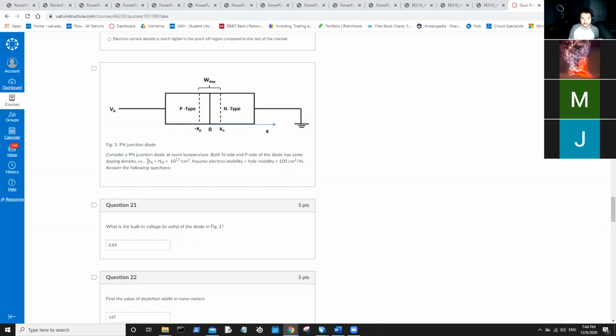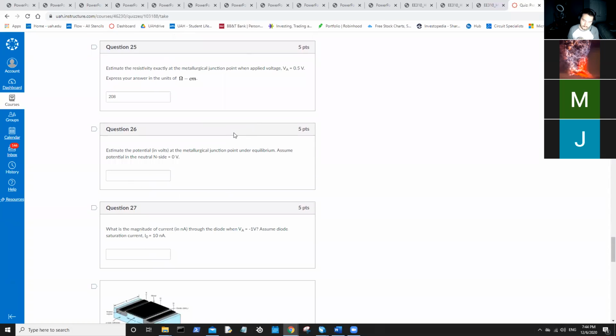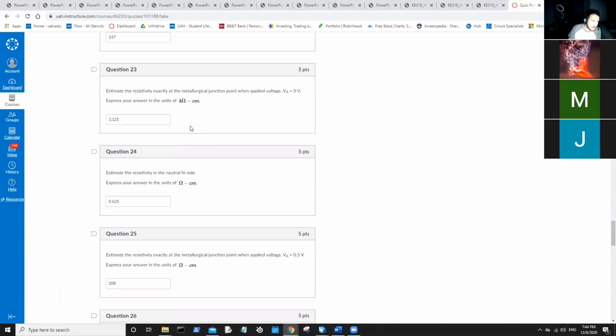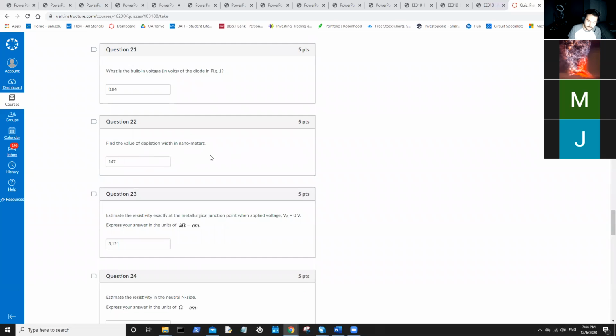Normally, if these are different from each other, you have to calculate the fraction that relates each portion, because then one side's going to have more of the depletion width on it than the other, depending on who has the higher doping density. So in this instance, our Wn is just going to be equal to our value of depletion width in half.